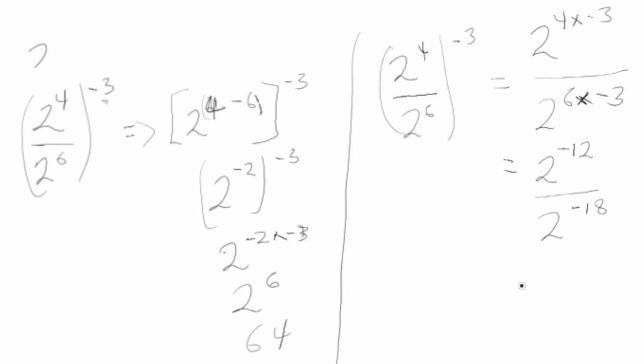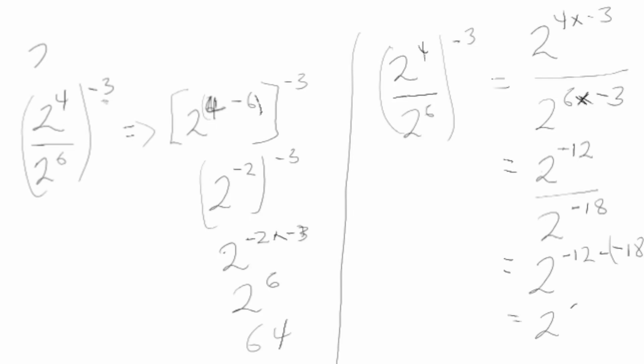So now they have the same base and they are dividing. If I use the power of a quotient, I'm going to get 2 exponent negative 12 minus negative 18, and negative 12 minus negative 18 is going to give me 6.